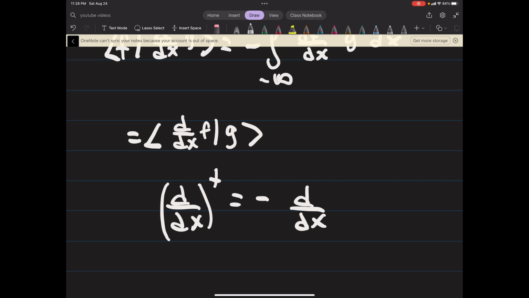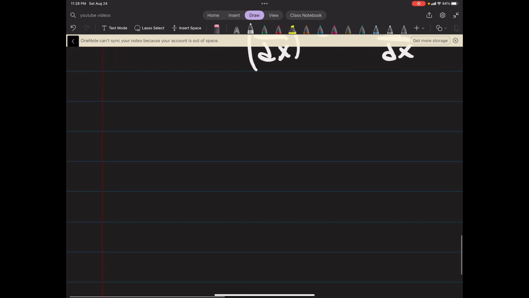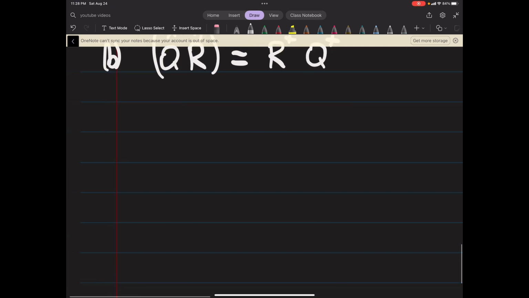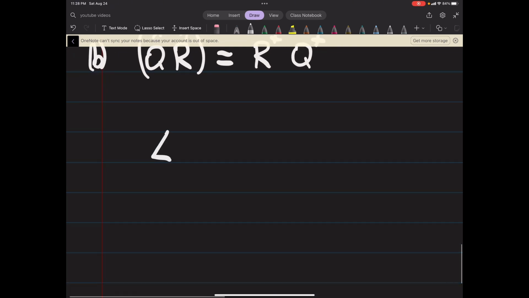Okay, so now moving on to part B, we want to prove some stuff here. The first is that the Hermitian conjugate of QR is R dagger Q dagger. Again, we're going to use this same idea where if A is some operator, its Hermitian conjugate is expressed like this.